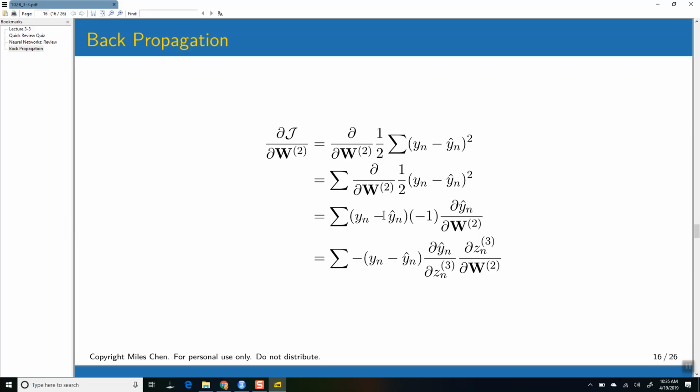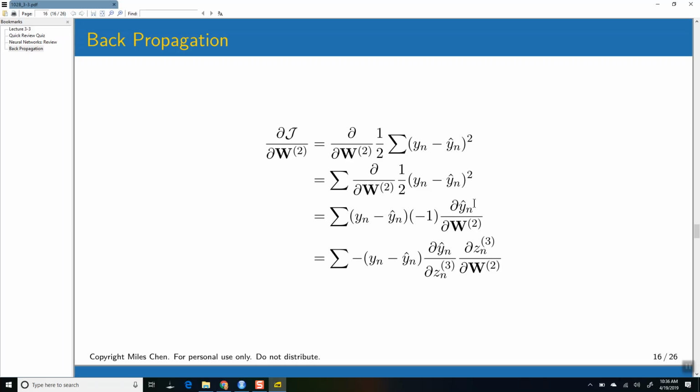We apply the chain rule to the y hat part, where we've got -1 and the partial of y hat with respect to W2. I don't have to worry about the gradient with respect to y_n itself, because y_n is a fixed value. It's something in our data, so it is not going to change with respect to the weight matrix W2.